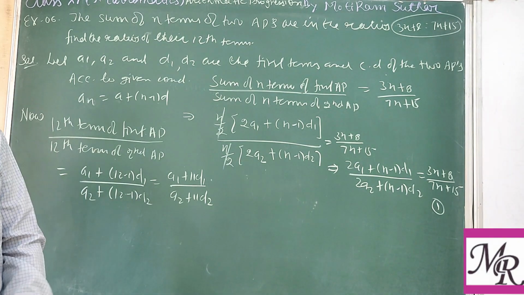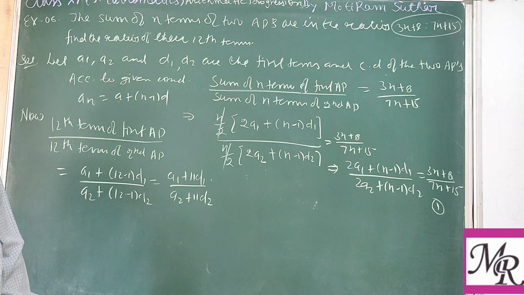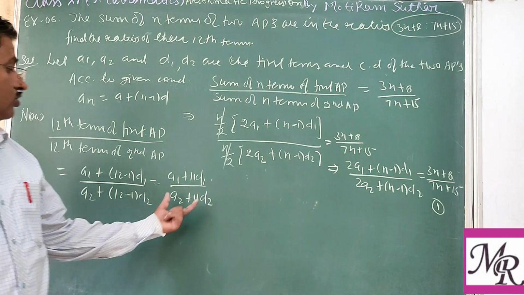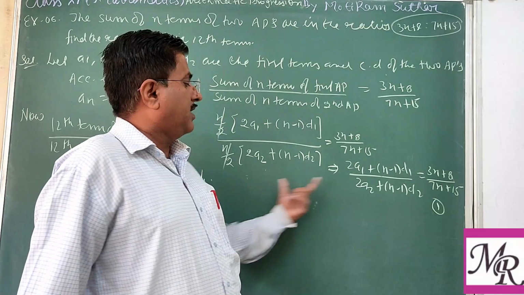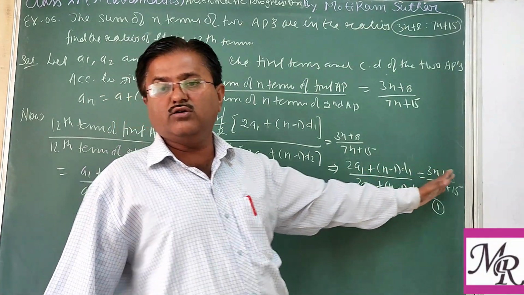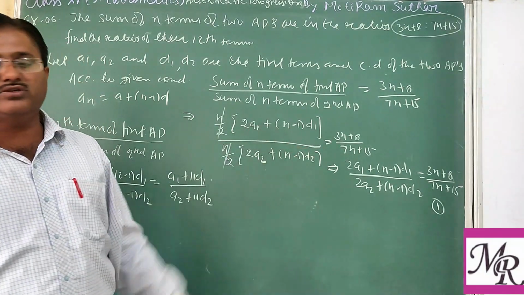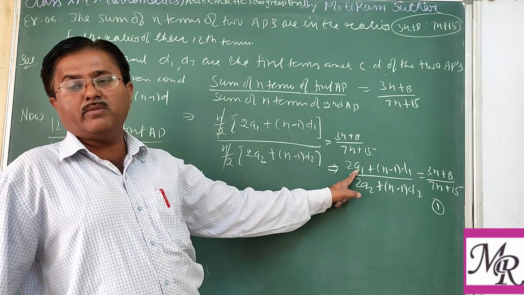So what we want to find is a1 plus 11 d1 upon a2 plus 11 d2. So now you have to compare this. We try to make both equal on the left hand side because we have a value of this one. So if we make this equal to this, then we can get the answer. So see here, a1 is multiplied by 2.